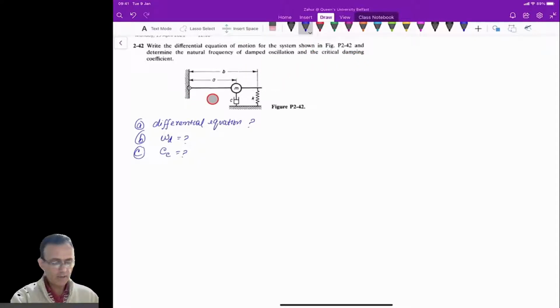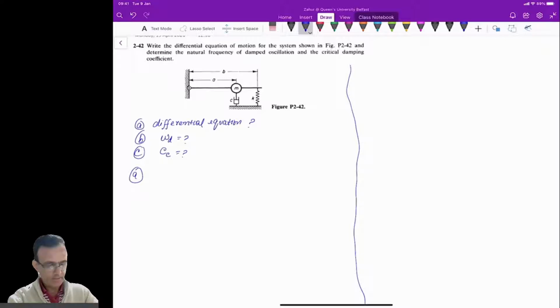Okay, so if you want to derive the differential equation here, you will need to draw the free body diagram in this case. We give this system a slight angular deformation here.